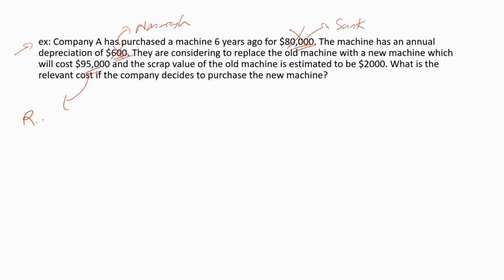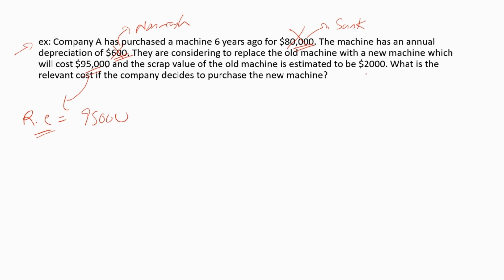So the relevant cost equals 95,000. We do not use parentheses or a negative value because we are going to calculate a cost, which means this is already a negative value. If we were to calculate the relevant cash flows, then we have to use plus and minus values: minus values for costs and plus values for revenue.